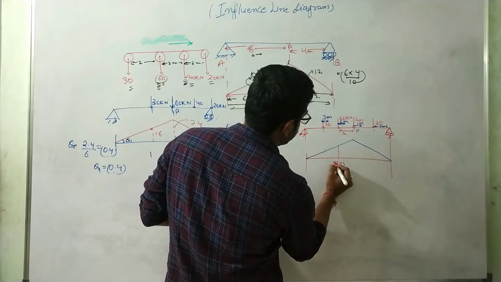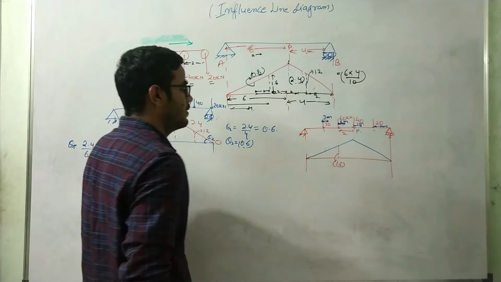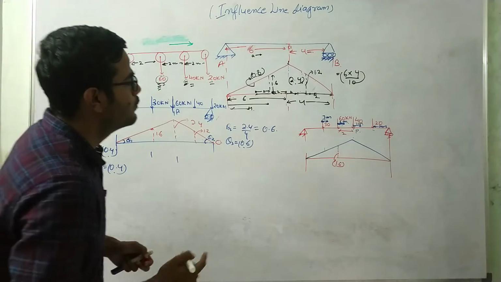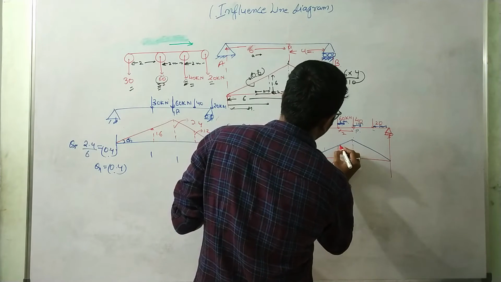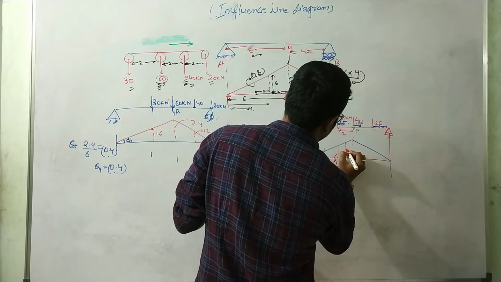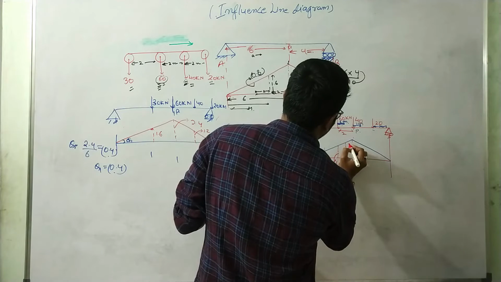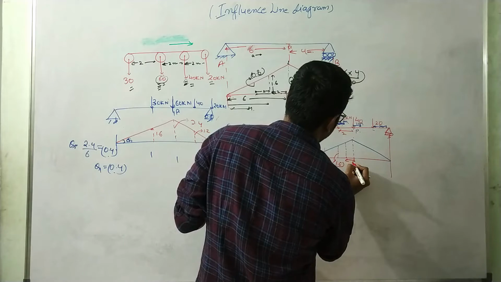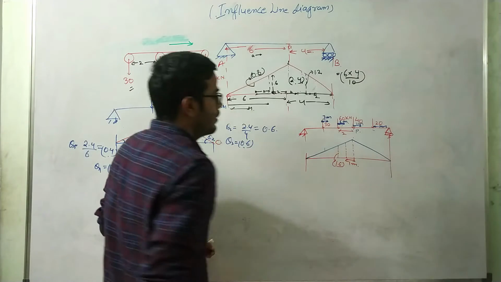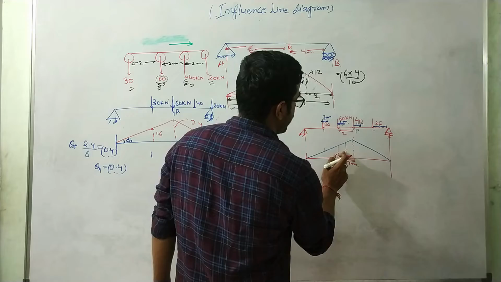This value was 1.6. When it is moved by 1 meter, at that point we need to calculate the ordinate.